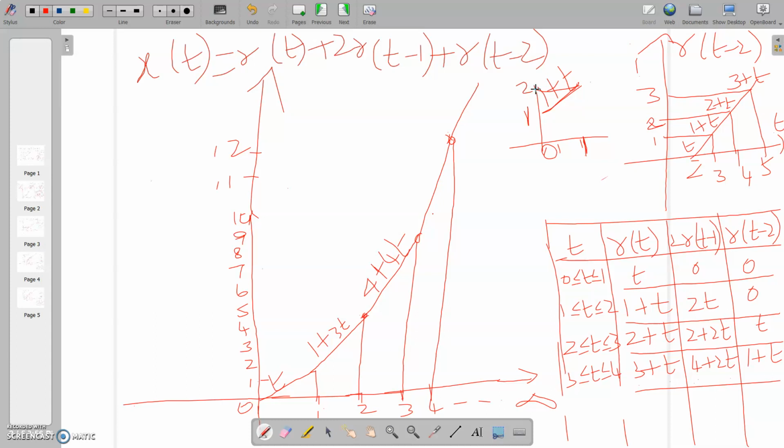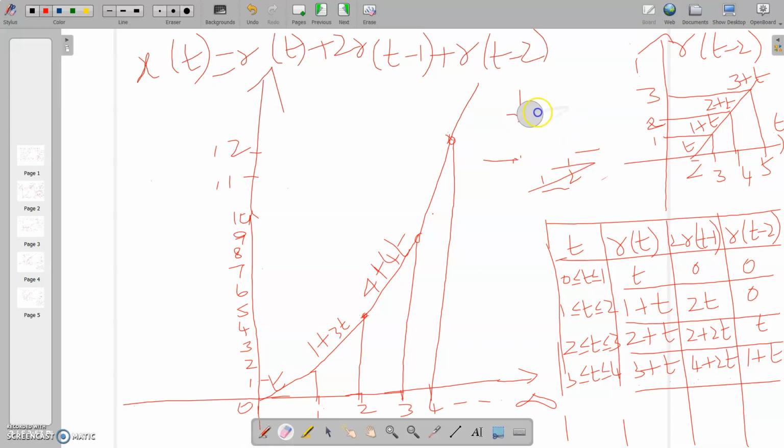So for 1 duration of time it is increasing by 1 amplitude, so I can represent it as 1 plus t. Suppose I am having a signal like this, from 0 to 2 for one duration, if I have 2 amplitude, then I have to represent it as 2t.